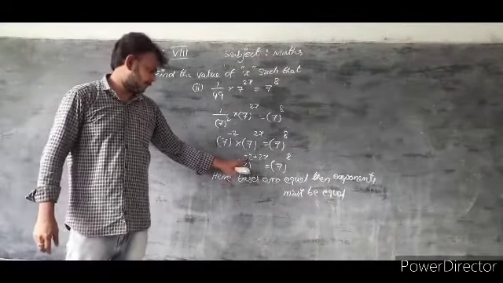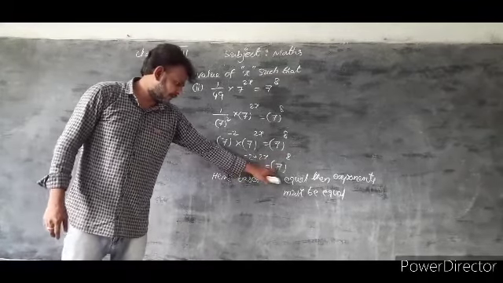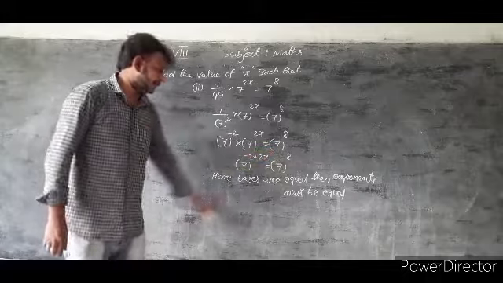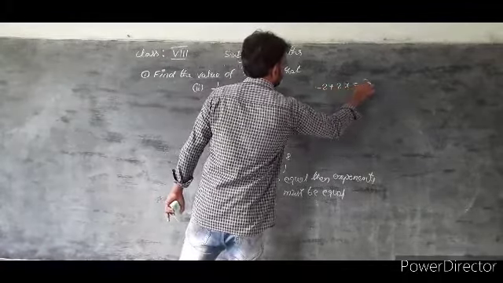So 7 power minus 2 plus 2x equal to 7 power 8. Bases are equal, then exponents must be equal. So minus 2 plus 2x equal to 8.